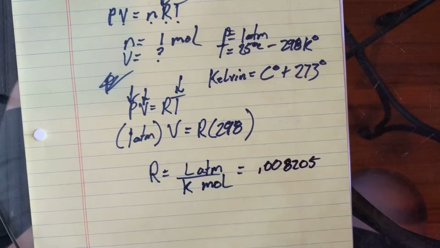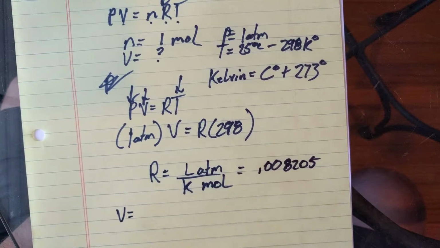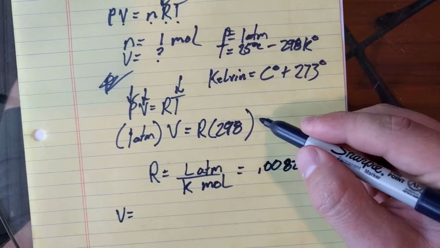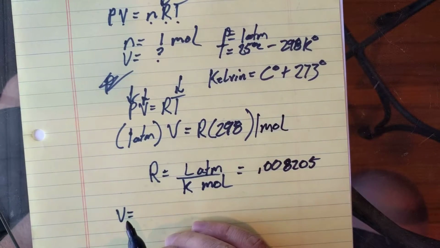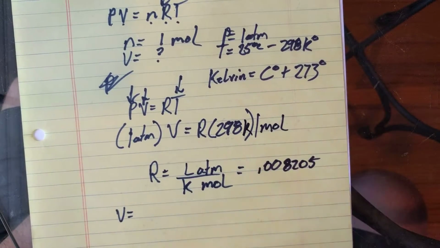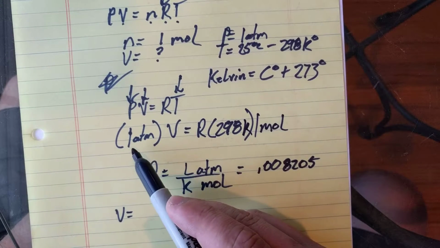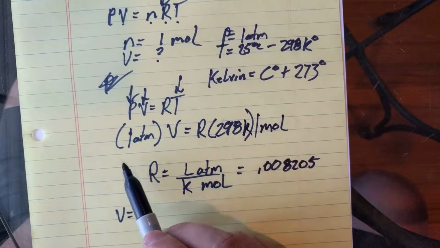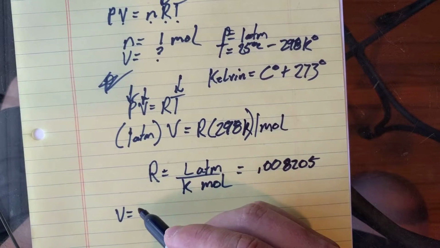Okay, so now we plug that in here. So we get V is equal to, we've still got our little mole out here because there's 1 mole. Don't forget that unit. And there's Kelvin right there. So V is going to be equal to, we want to divide by our 1 atmosphere, but it's just a 1. So really we're just going to move atmosphere over there.